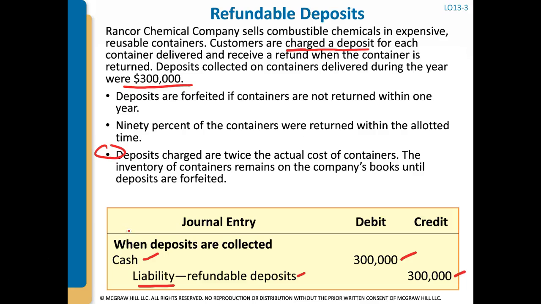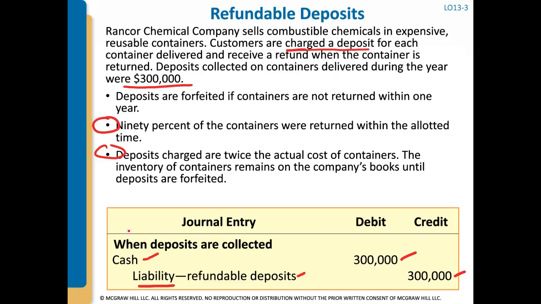The problem says that of this $300,000, 90% of the deposits were returned, which means that 10% were not. So therefore the company gets to keep the cash for 10%, or $30,000. It says deposits charged are twice the actual cost of containers.